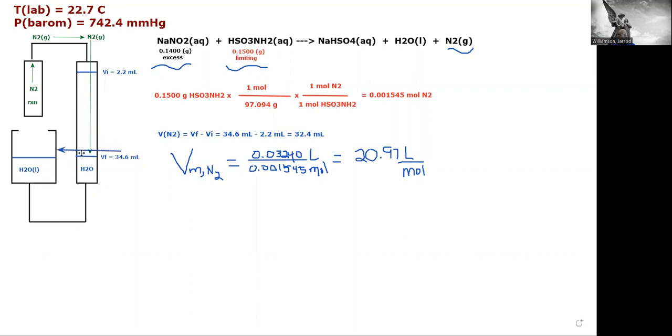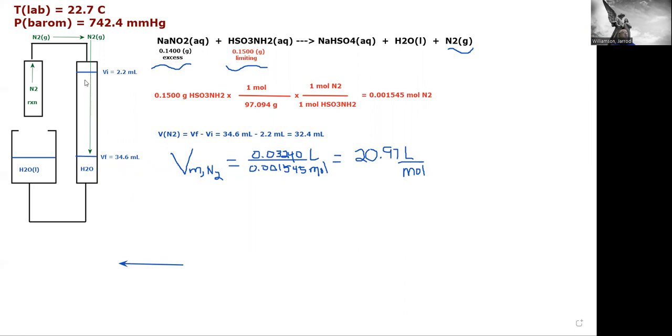We then lower the leveling bulb down to wherever this level is, and it'll teeter-totter a little bit. But we get the leveling bulb down to the final volume of the gas in the burette from the reaction. Initially, just pretend our initial volume was 2.2 milliliters.